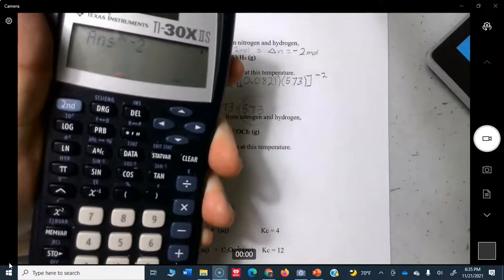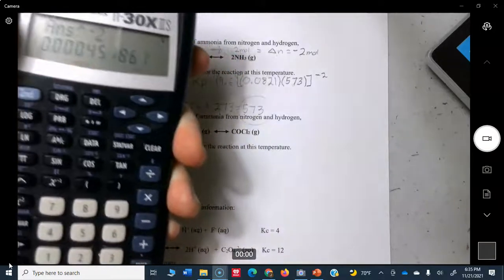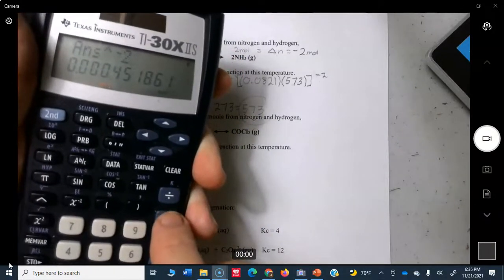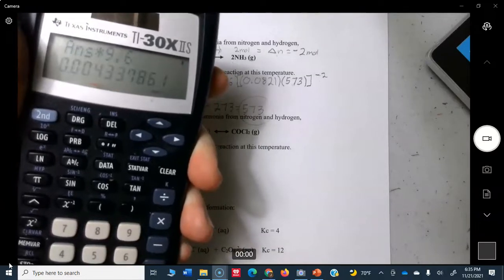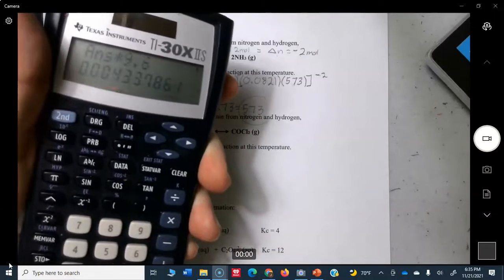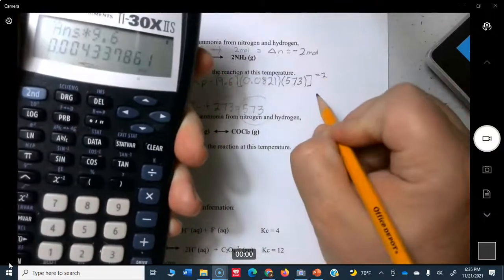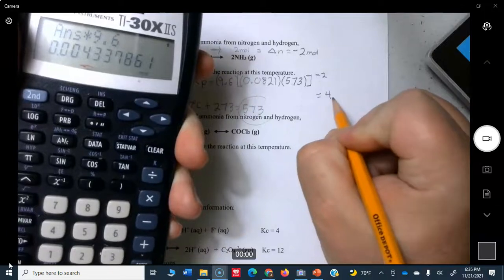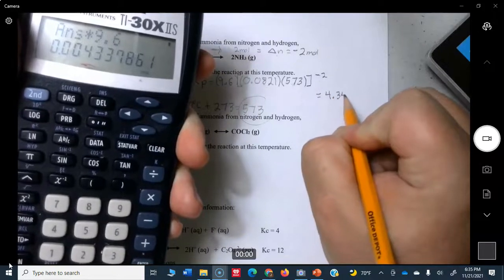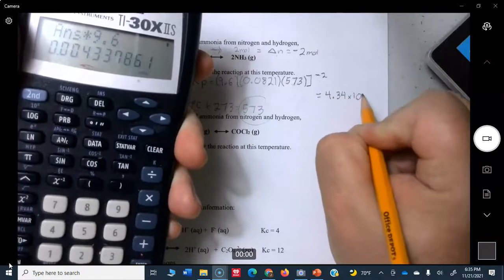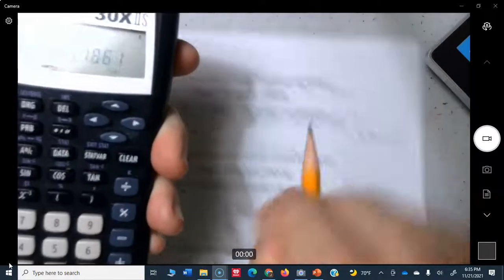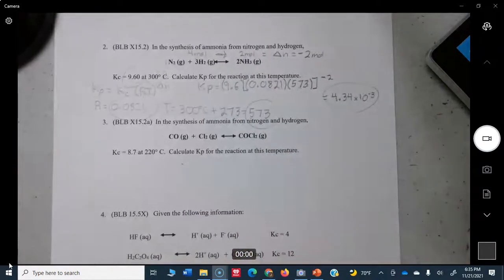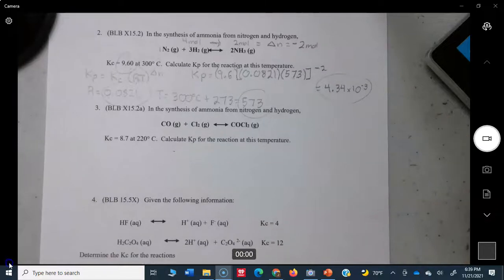And hit enter, and there we get that number. Now I'm going to multiply that by 9.6, and it gives us that number right there. And I'm going to write that in scientific notation, so that's 4.34 times 10 to the -3rd power. No units, it's a dimensionless number. Okay, so that's how you do that problem.